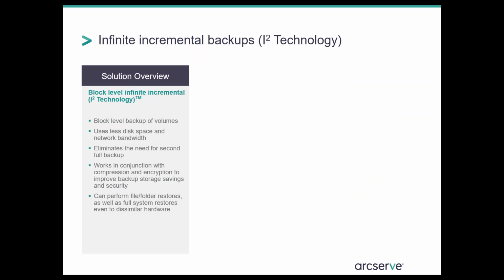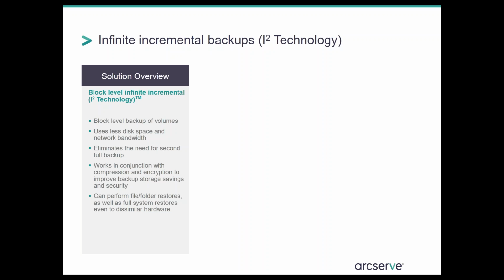Let's take a step back and start looking at the way that we perform backups with the UDP agent. As I mentioned, with UDP, we perform a block-level backup using our infinite incremental technology, or I2 technology. This is a block-level backup of drives or volumes.